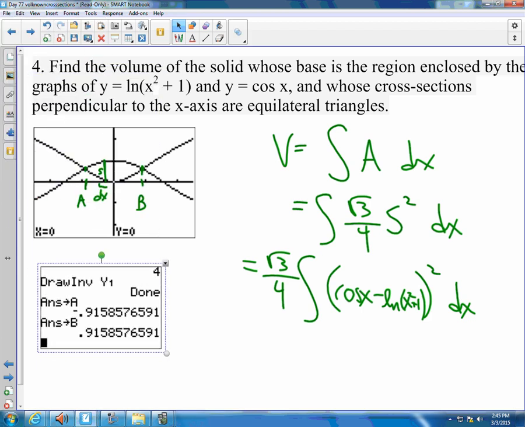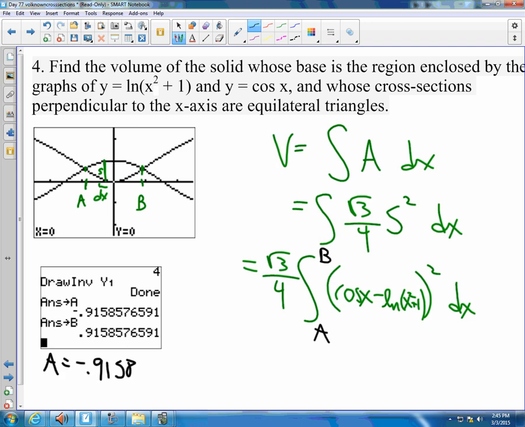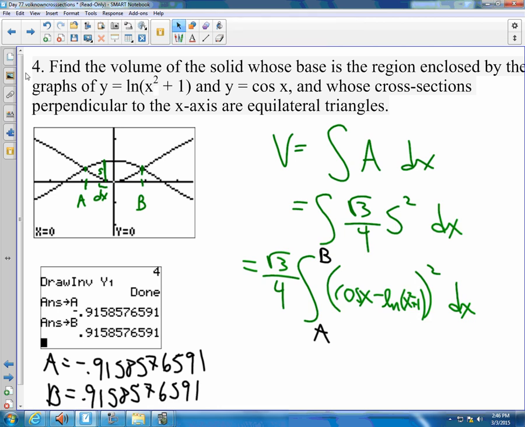So you would want to write down, if you're just going to write an A and a B here, you want to have on your paper that A is equal to negative 0.91585766591, and B, now we're going crazy with all the digits, but it's kind of nice to be as accurate as possible, 0.91585766591.